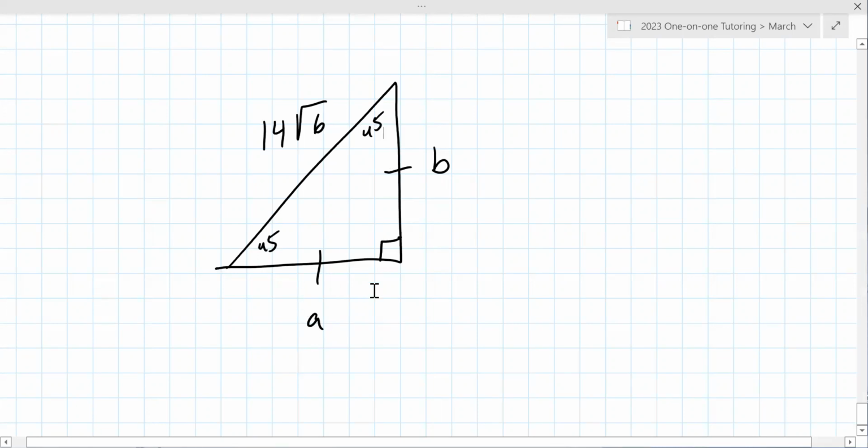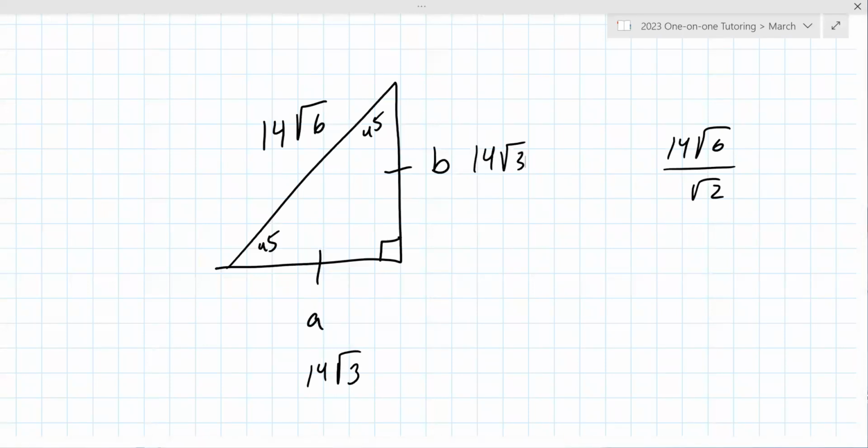A and B are the same. So you will be going back and forth. You've got to be able to do that. So you actually just divide by the square root of 2, which would just be 14 square root 3, and these are both the same. Very good. Okay. We've got a lot done.